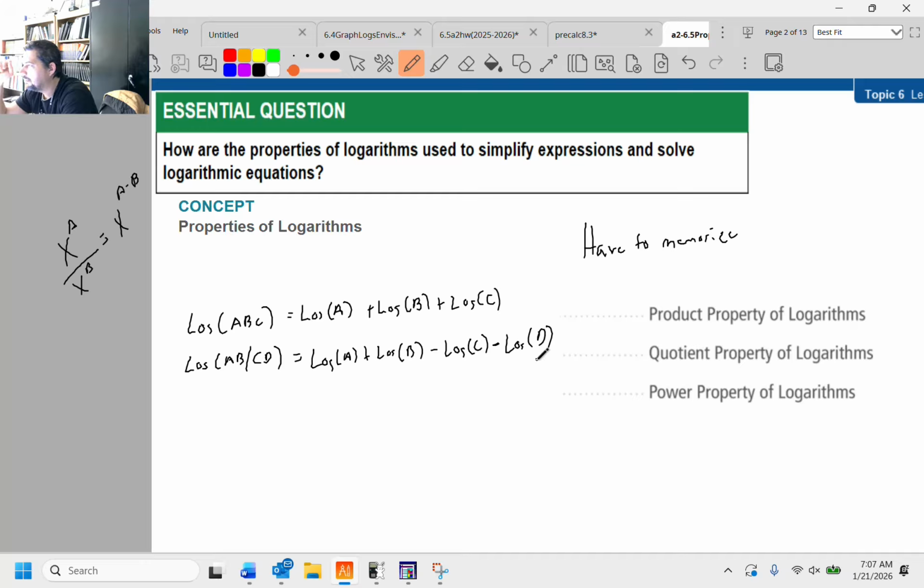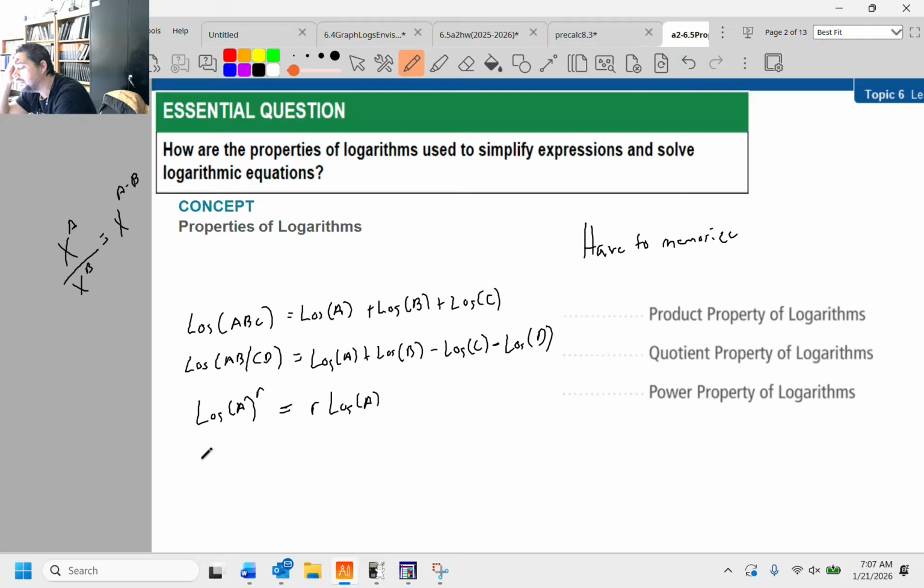All right, the power property says a log with an argument a and some exponent, that for some reason math books call r, can be rewritten as r times a log of a. We're expressing that exponent as a factor because it's going to say how many times the logarithm happens. And those are your properties.